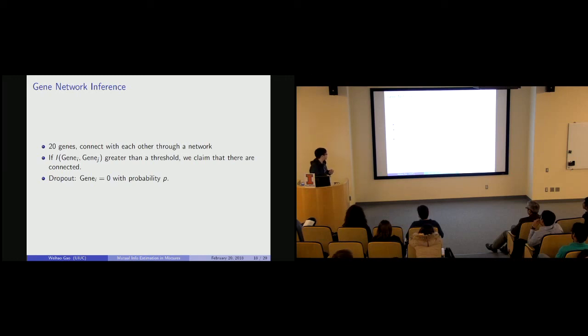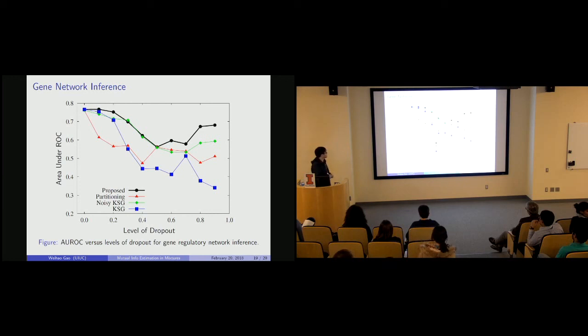So we say if the mutual information of two genes is greater than some threshold, we think they are connected. And we are also able to plot the ROC curve. Also, there is some dropout, which is to say a gene is missing with some probability. It has some probability in the raw data, but to make it harder, we even put in more probability.